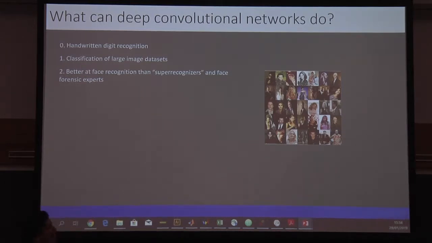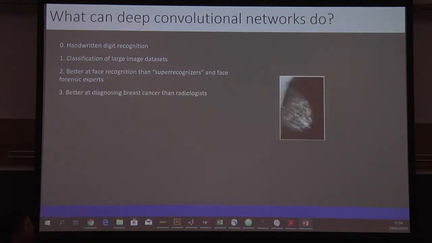For example, in the context of facial recognition, there are people that are super recognizers. Some people are better than others at recognizing faces. So if you take some of the best human face recognizers out there, or if you take forensic experts, some of these deep convolutional networks can do much better at face recognition than these experts.